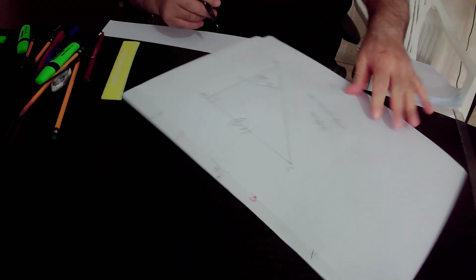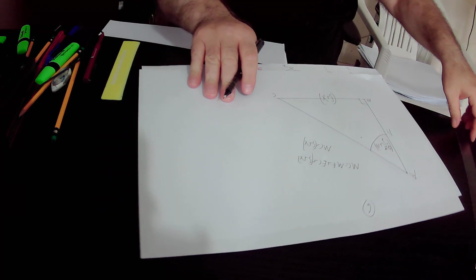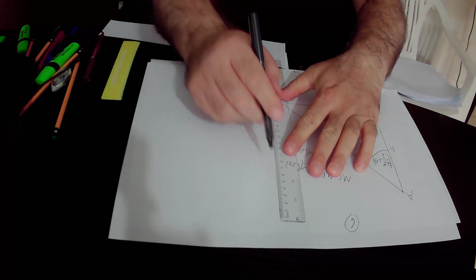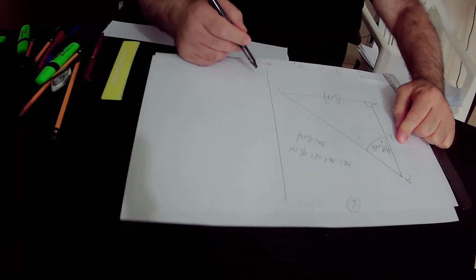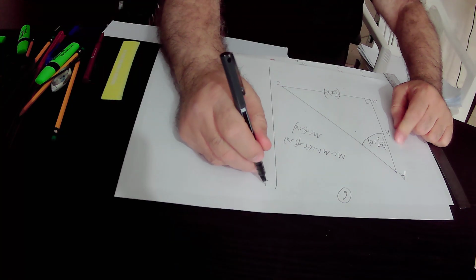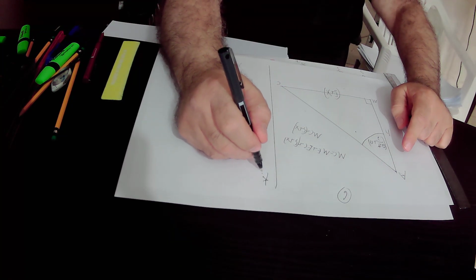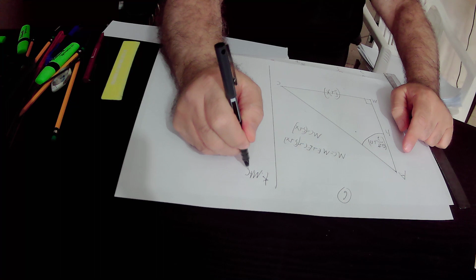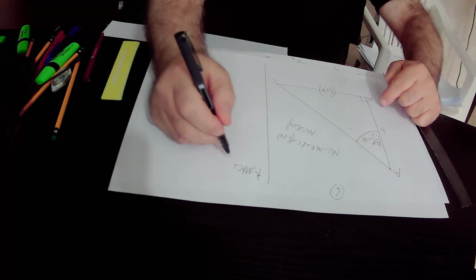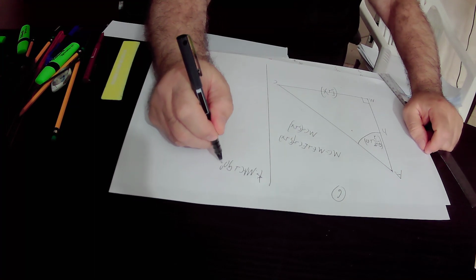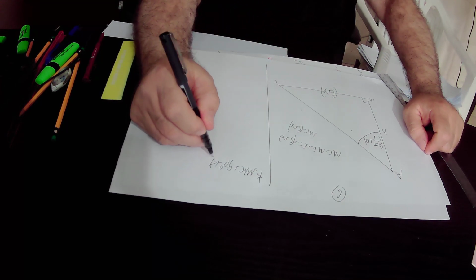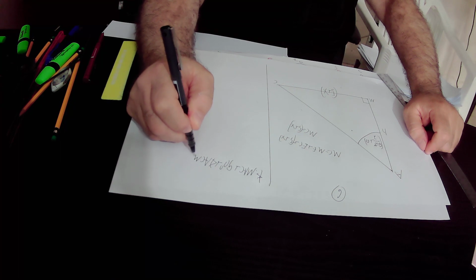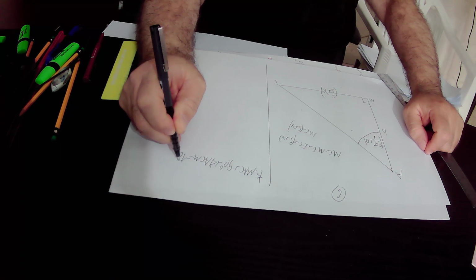I will write it down: angle MAC plus 90 degrees plus the angle we are looking for, angle ACM. In total, the sum of those three angles must be equal to 180 degrees.